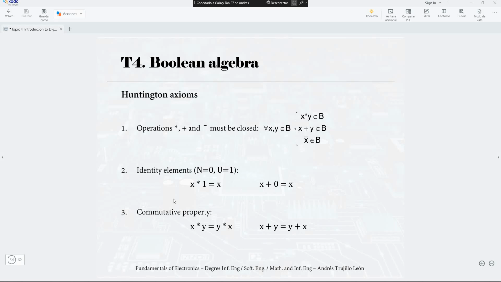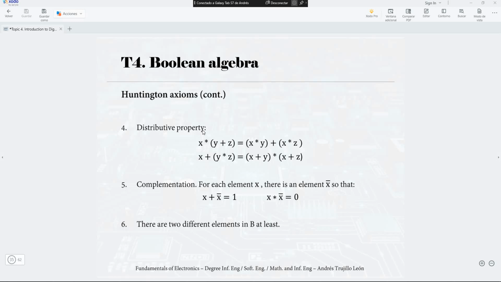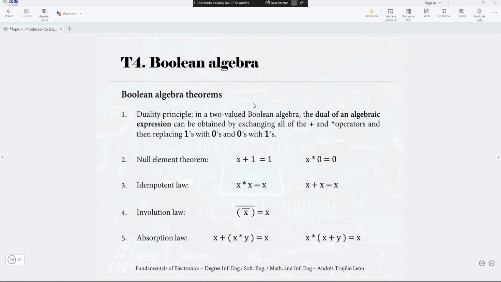Okay, the identity elements, the commutative property, the distributive property. Be careful with this, applied to the sum, because we don't have it in the traditional algebra that we used in previous studies. We have the complementation action, and a consequence of applying this action is the appearance of some theorems that we have to learn.